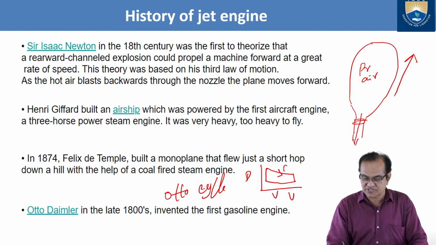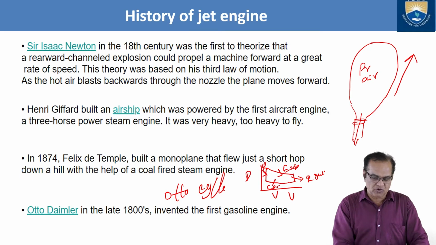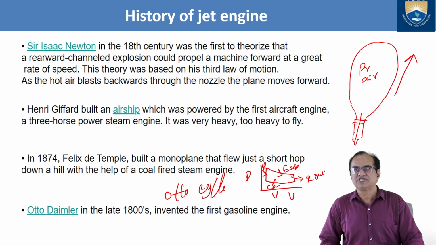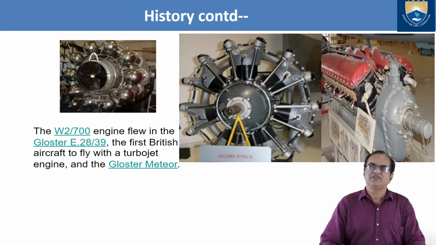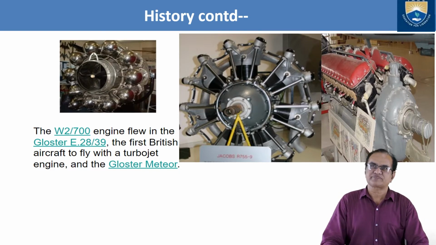This is the expansion, this is the compression, this is the Q in, and from here Q out. So this is the Otto cycle, and it was invented by Otto Daimler in the 1800s, the first gasoline or petrol engine. And you can see the history here about aircraft engines.